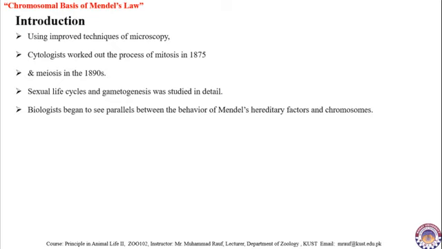Mendel performed his experiments with pea plants back in the 1860s, and he concluded his findings and formulated them into two famous laws of genetics. The first law, law of segregation or law of dominance, says that each trait is controlled by a pair of factors.